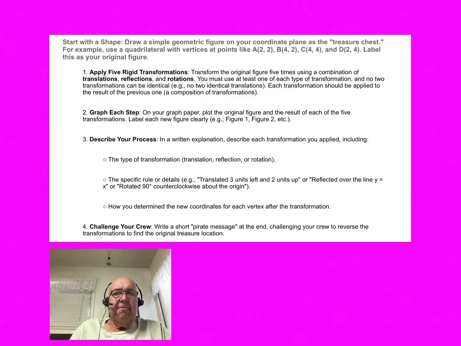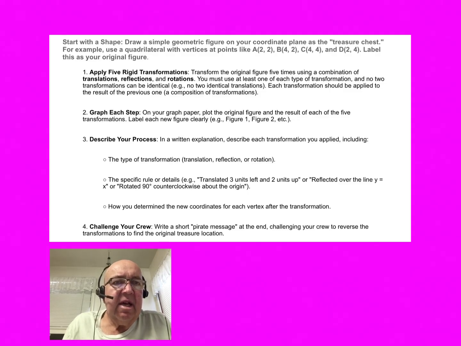If you need help with these rules, you can use the course materials in Canvas that are prior to the videos. They'll show you how these rules work and how you might find new coordinates based upon the rules that you apply. You're going to explain how you find the new coordinates after each transformation.